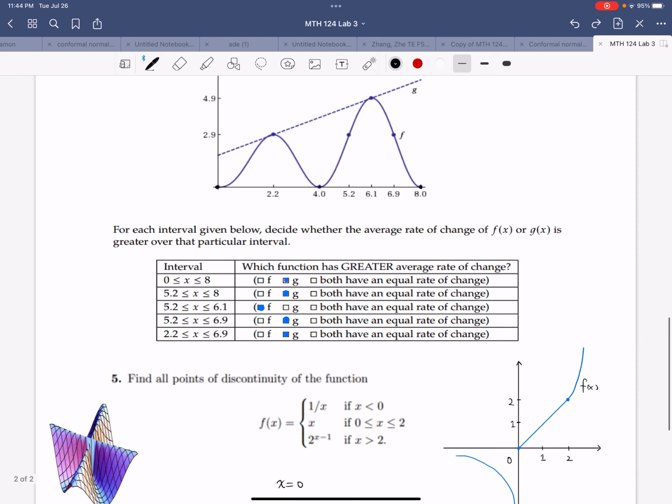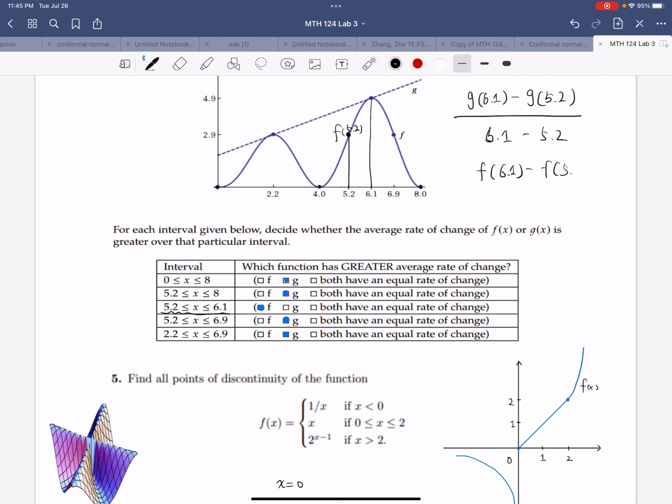Let's take another example. Take this one from 5.2 to 6.1, right? So this is f at 5.2, and g at 6.1 minus g at 5.2, compared with f by the same formula.